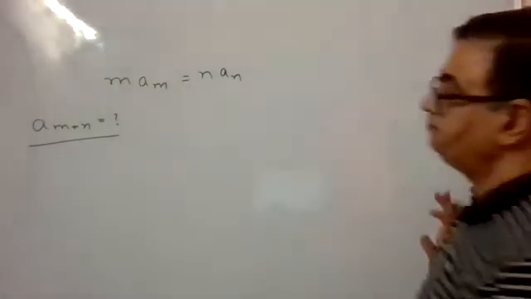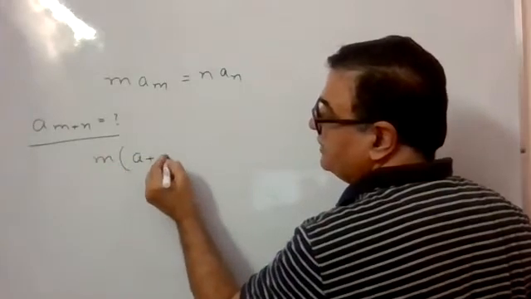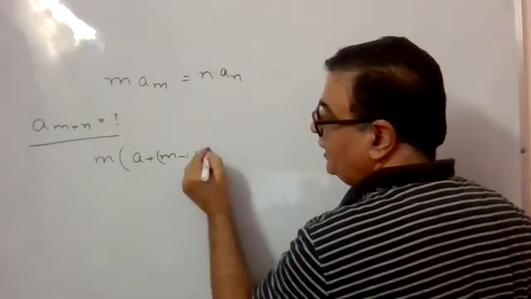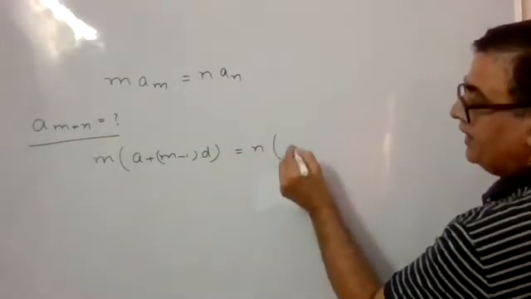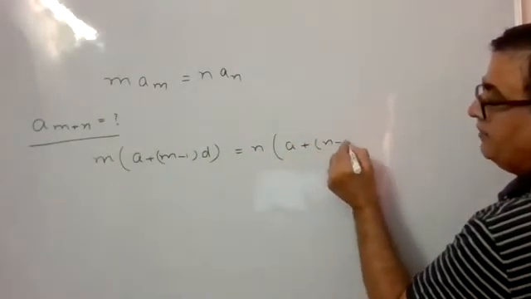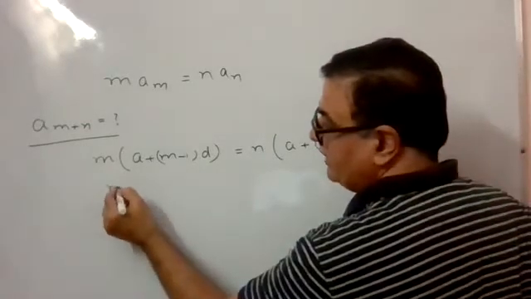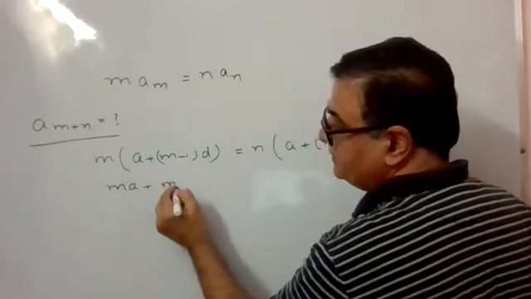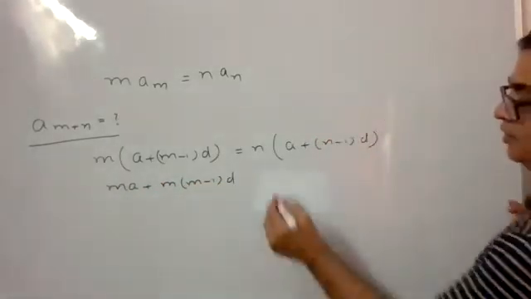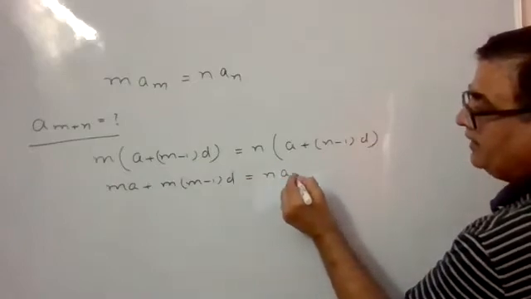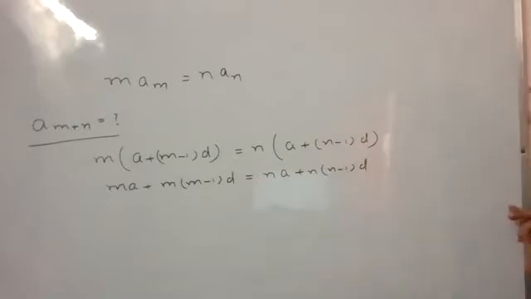Yes, please. m times the mth term. The mth term means a plus m minus 1 into d. This is n times the nth term, so a plus n minus 1 into d. Then I'll write this as ma plus m times m minus 1 into d, which has come out to be na plus n times n minus 1 into d.